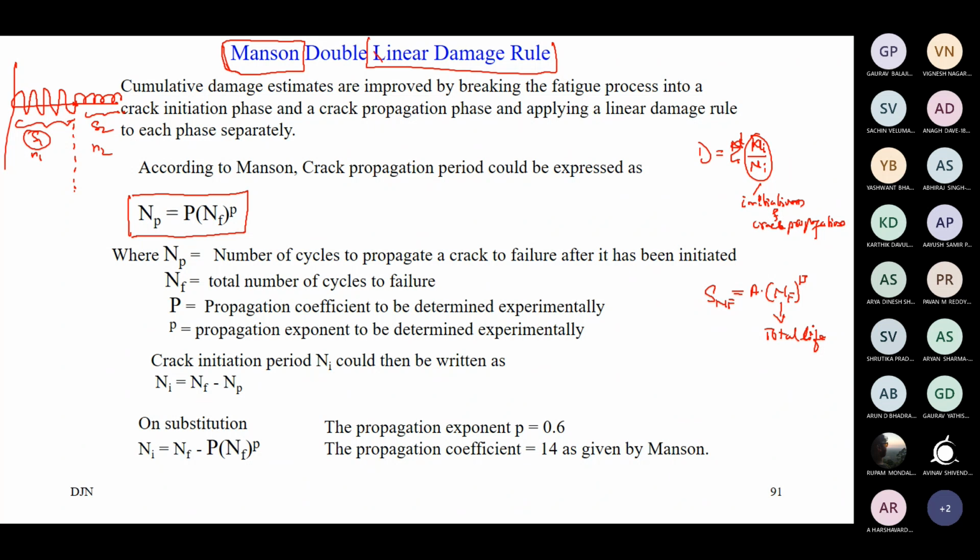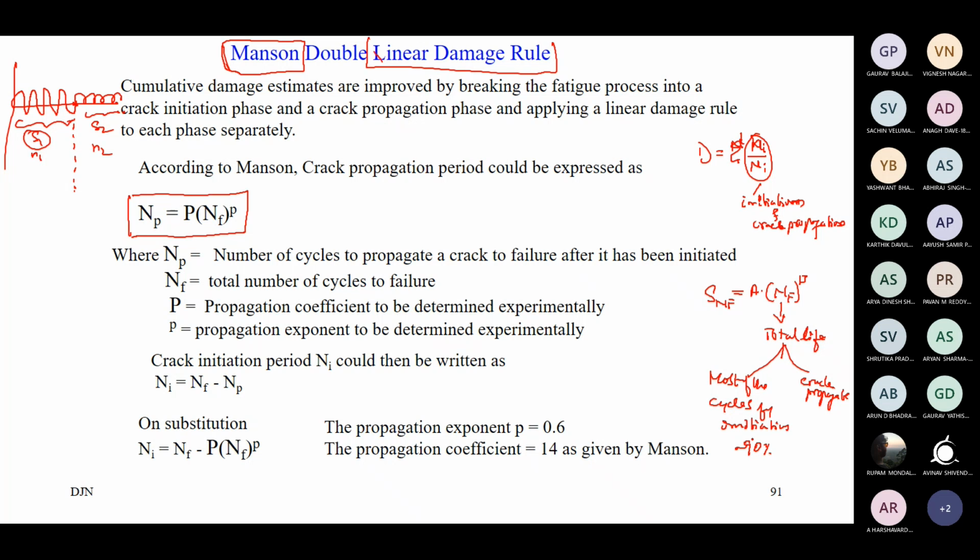Okay. So in this total life, what we find in the high cycle fatigue region, that means for low stresses, is that most of the cycles are for crack initiation, and then the remaining cycles are for crack propagation. Once the crack is initiated, then the crack has to propagate. And it is known that in the total life approach or high cycle fatigue life, approximately 90% of the cycles go for crack initiation.